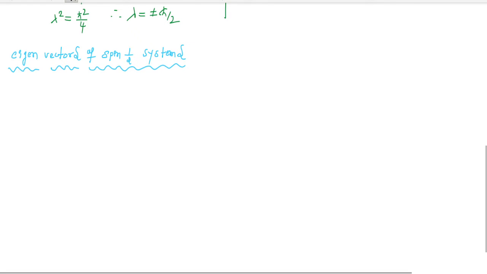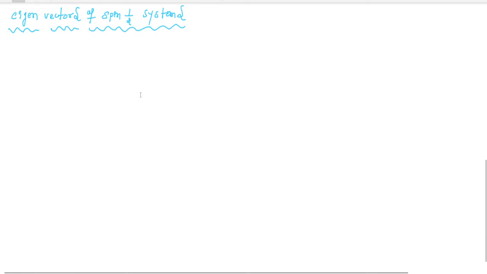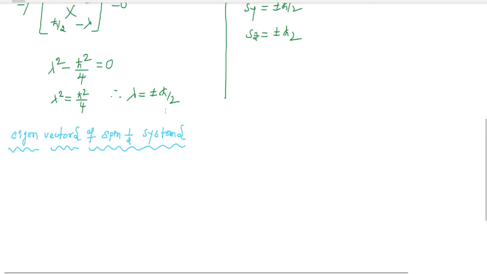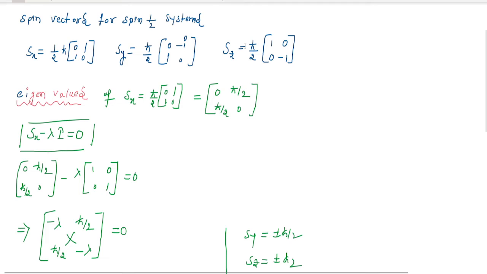Here I'm going to explain eigenvectors of spin-half systems. For simplicity, I'm going to take Sz first.